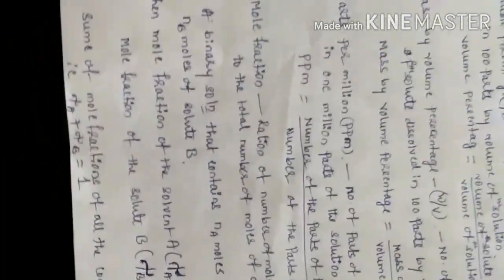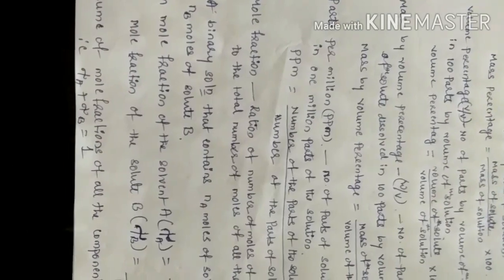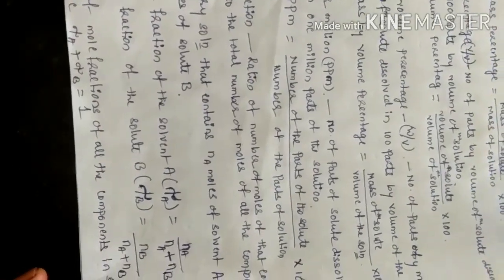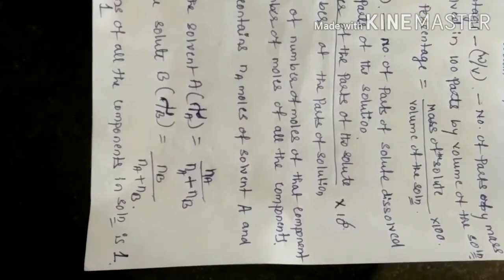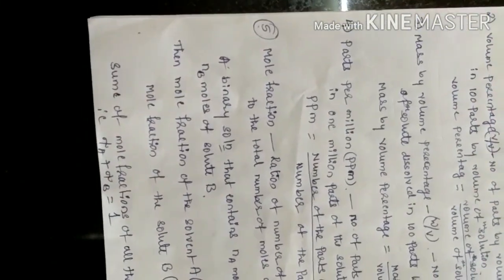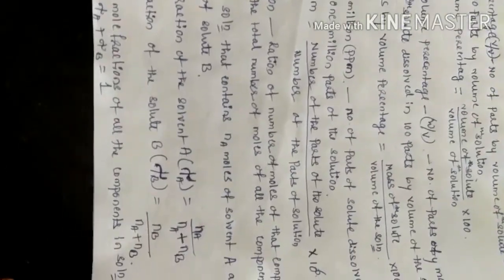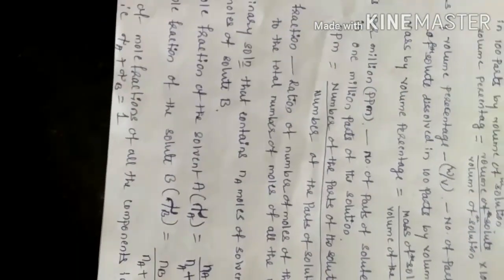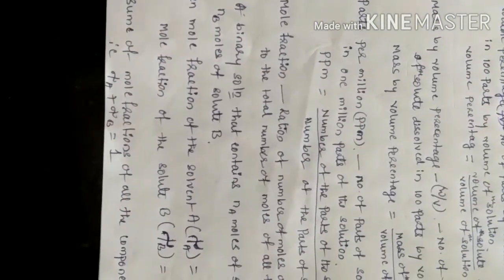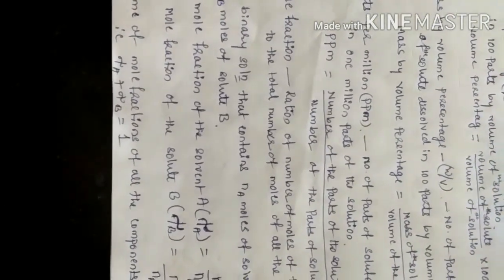Like that, mole fraction of the solute B, chi B, equals Nb divided by Na plus Nb. The sum of the mole fractions of all components in the solution is unity. That is, for a binary solution, chi A plus chi B equals 1.